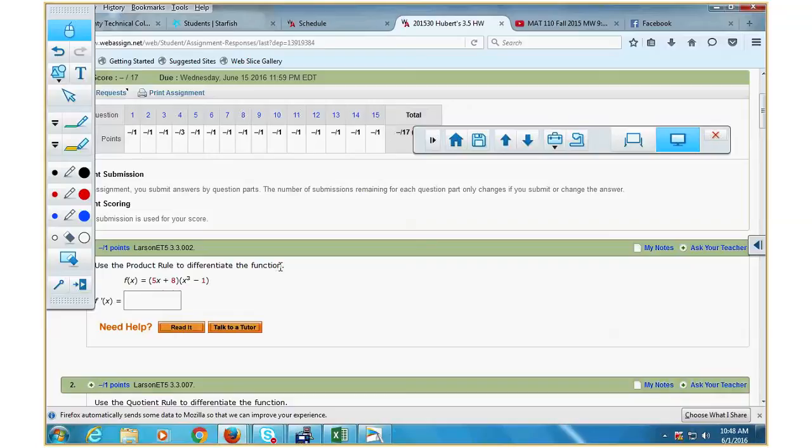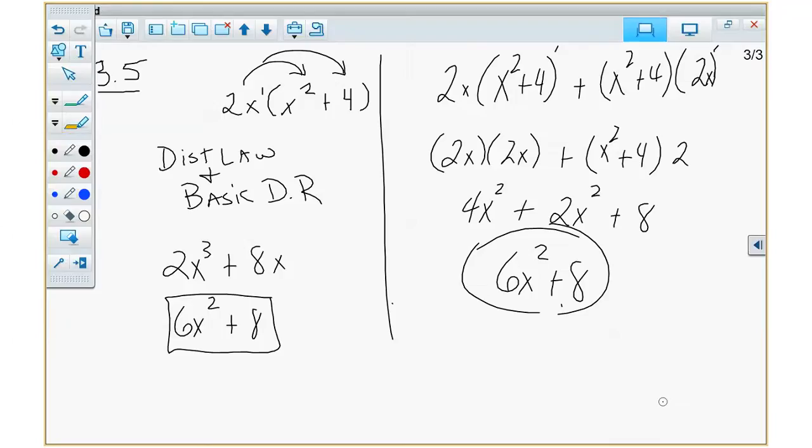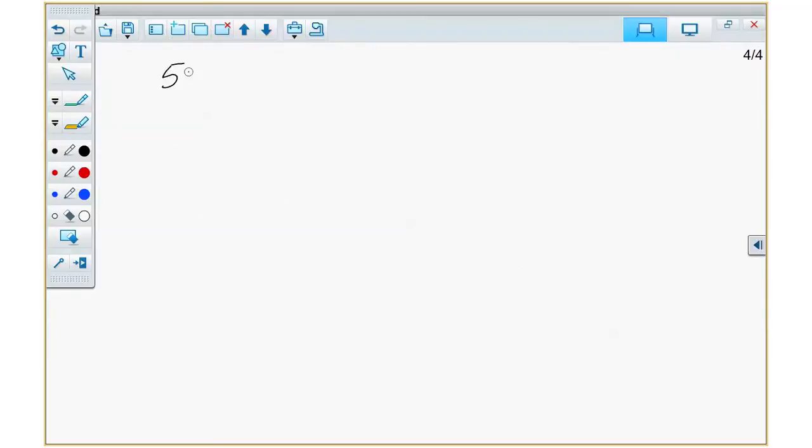All right, y'all ready? 2 ways to do it. Let's go to the handy dandy whiteboard. 5x plus 8, x cubed minus 1. Shortcut number 5, that's right, class.